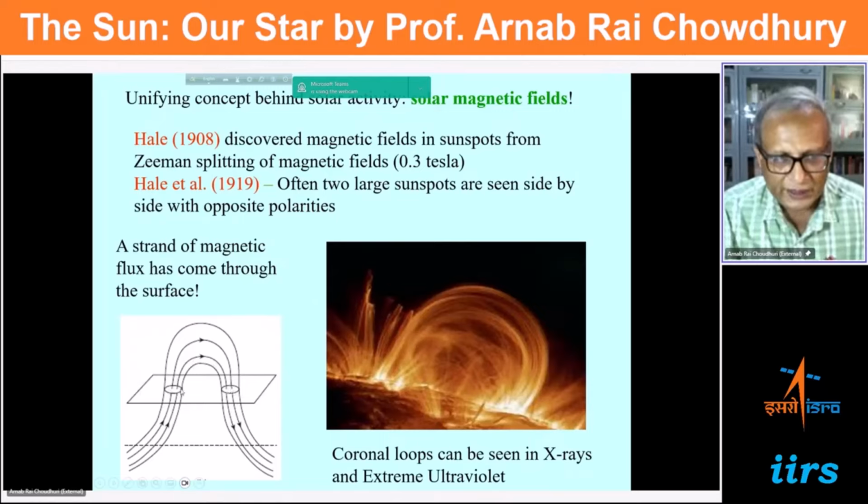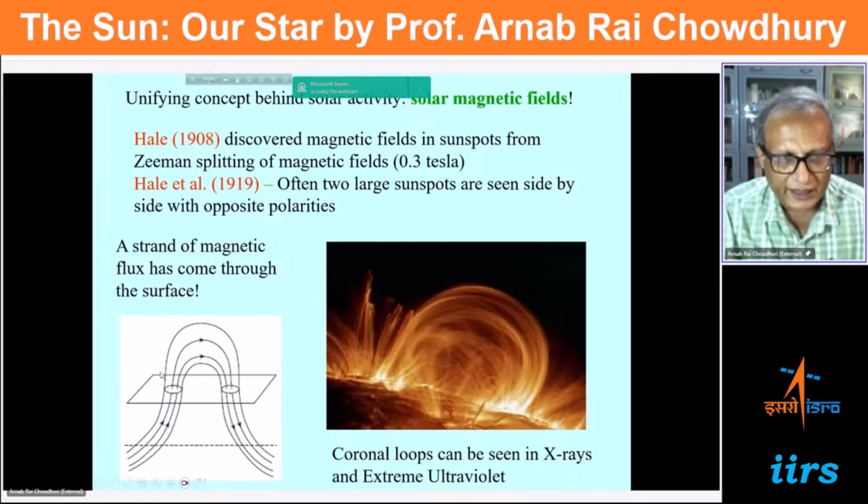If these two intersections with the solar surface become the two sunspots, then in one sunspot you have magnetic field lines coming out, making it a positive polarity sunspot. And in the other sunspot, you have magnetic field lines going down, making it a negative polarity sunspot.